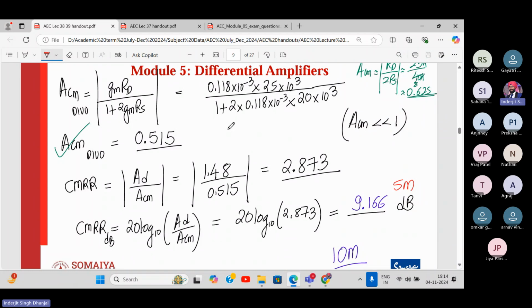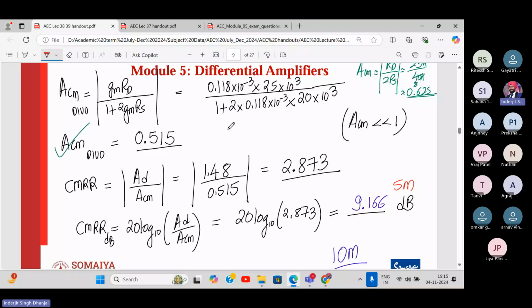So let me talk during that time. There are three possible questions which can be asked in exam. First will be the functionality question. What is a differential amplifier? What are the different types? Explain the working of differential amplifier with the help of DC transfer characteristics. The second question will be derive and draw the DC transfer characteristics for a MOSFET differential amplifier.